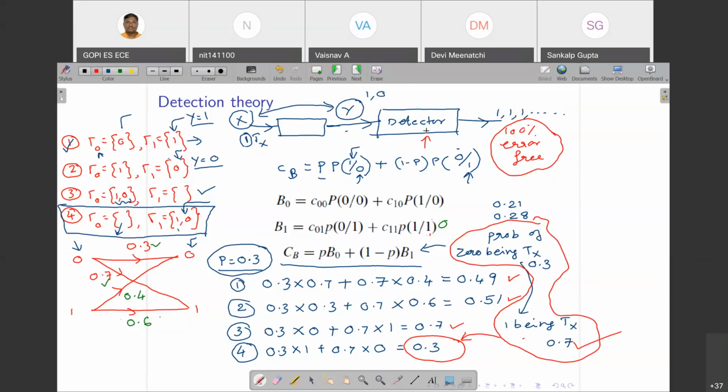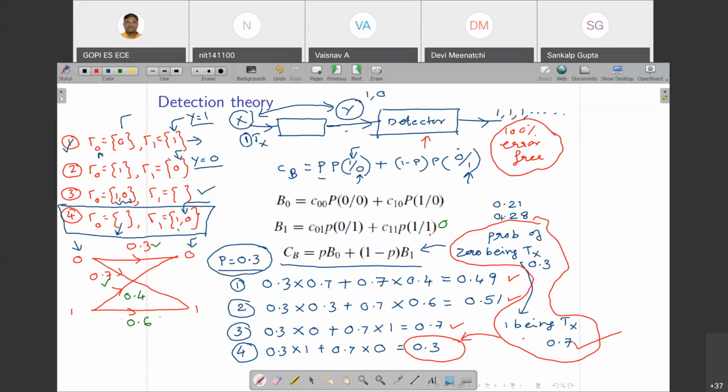Out of 100, you have 90 times 1, only 10 times 0 here and there. Suppose I declare everything in the receiver section as 1. So what does it mean? You will definitely get 90% of the time the right answer. So this just looks bad as far as the statement is saying, but as far as the calculation is considered, this is actually giving you the least error, right?